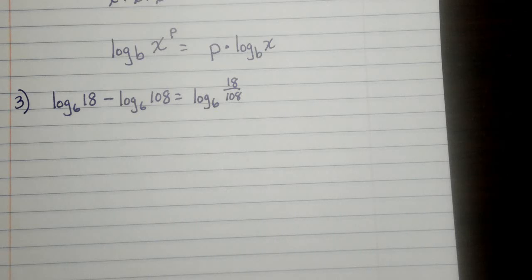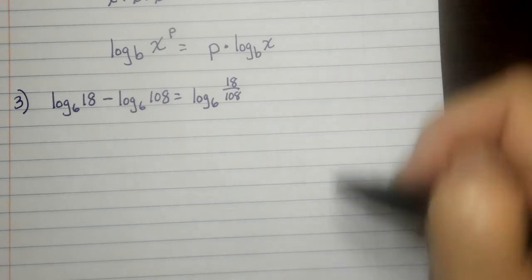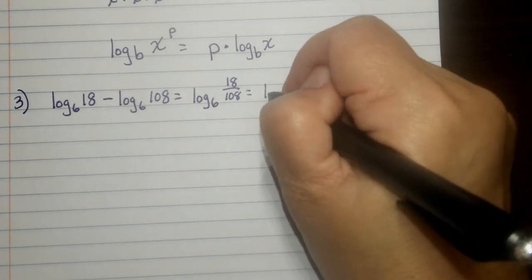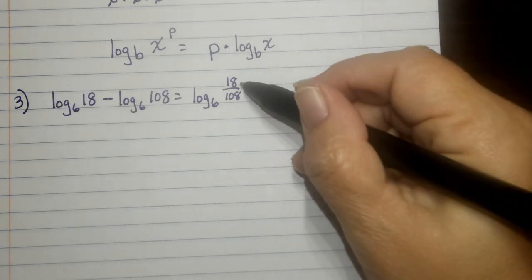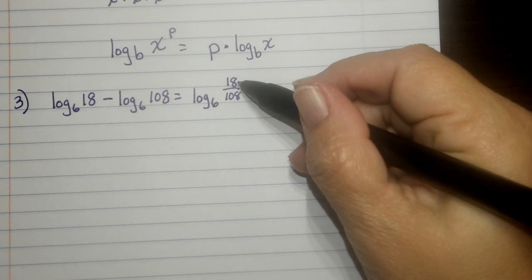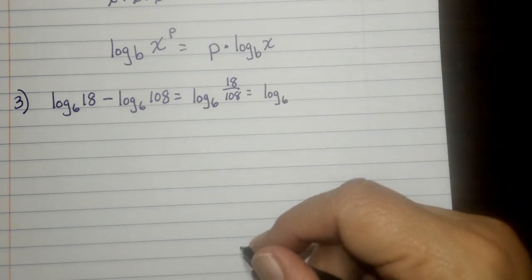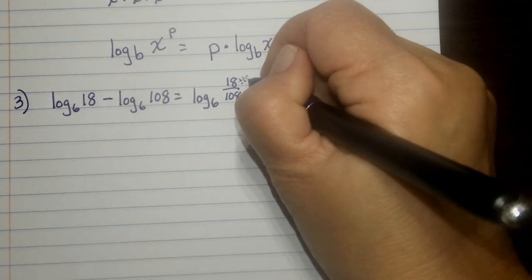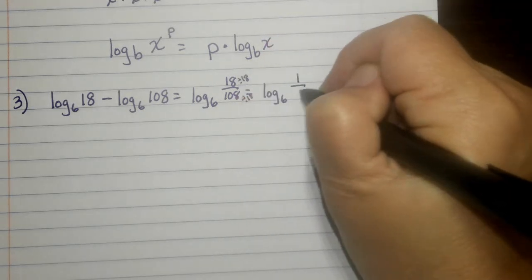Agreed? Okay, so now you want to take 18 over 108 and you want to simplify that fraction. So don't turn it into a decimal. Just simplify it. What's the greatest common factor that can go into 18 that can also go into 108? So if I divide by 18 and I divide by 18, I get 1 over 6.